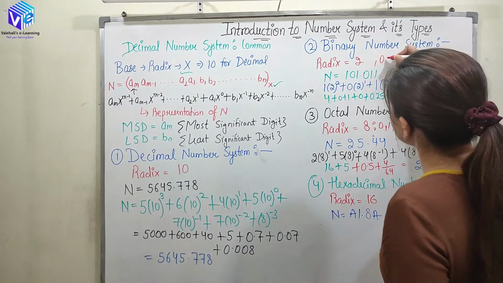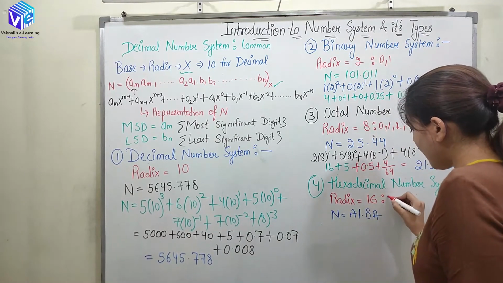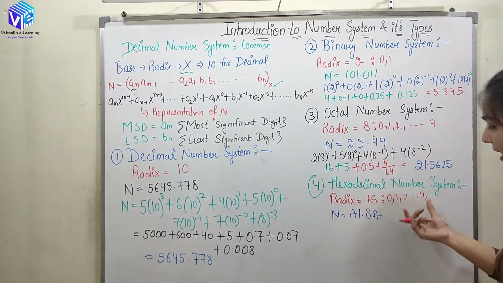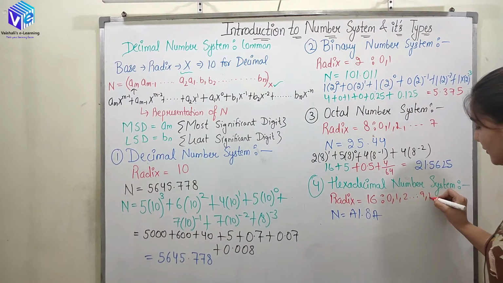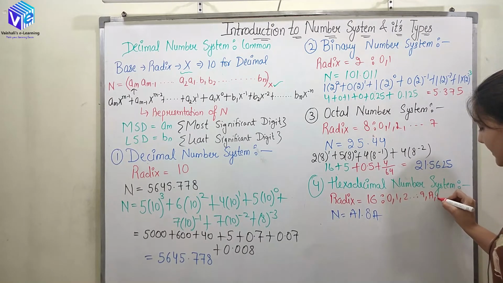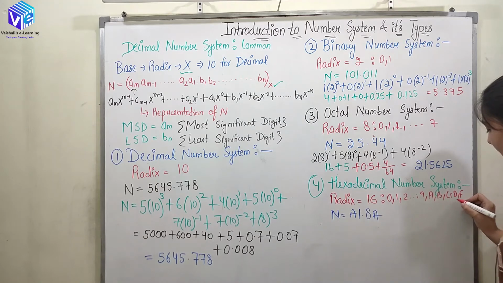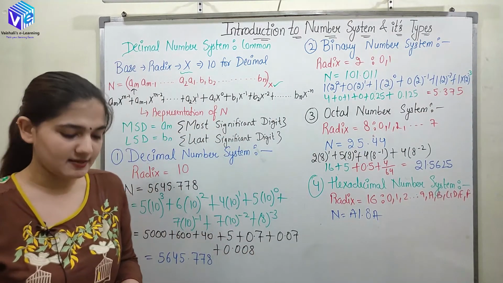Here we will be having 0 and 1 only, right? But here we will be having 0, 1, 2 up to 9. After 9 I cannot have any combination of 0 and 1. So what I will be doing, I will be taking the alphabets A, B, C, D, E, right, and F as well. So this is how I can represent the hexadecimal number system.